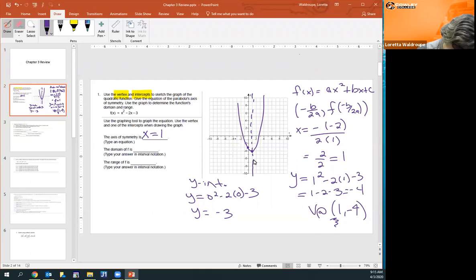When you're dealing with a vertical parabola, the domain is always negative infinity to positive infinity. Okay? And the range, how low does my graph go? Well, if I look at it, it goes down to negative 4. And how high does it go? Well, it keeps going up to infinity.